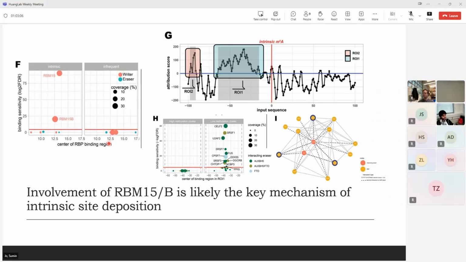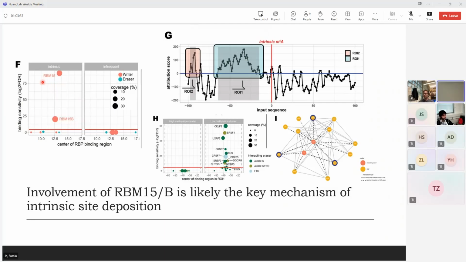Okay. Go ahead. So, like Dr. Wang explained, the literature is just showing very individual, independent experimental studies that RBM15 and 15B help to recruit the METTL3 and METTL14 complex to induce the methylation.